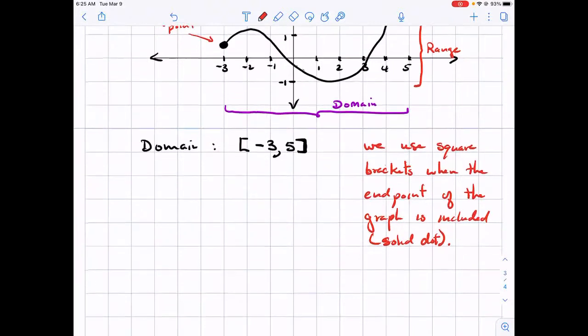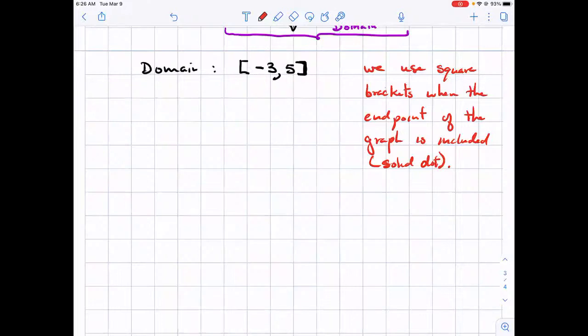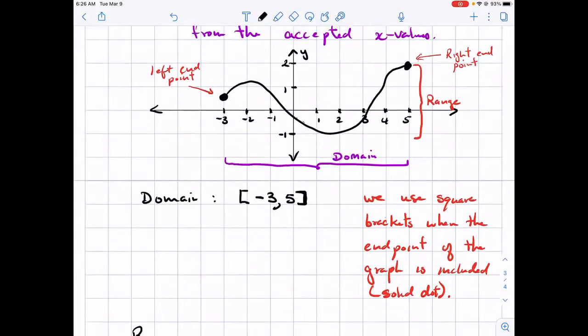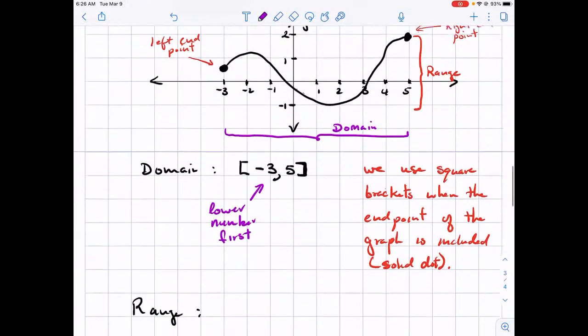Now, if we look at the range, notice that when we write the range, we always write from lower, okay? So maybe we should make a note of that. Always lower number first, okay?